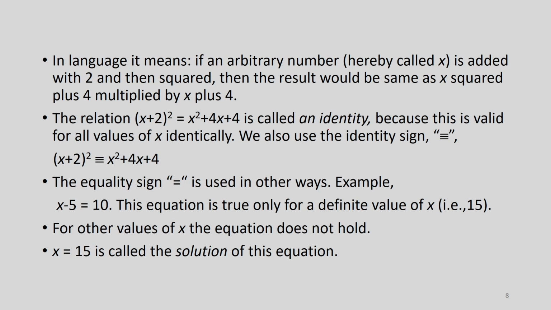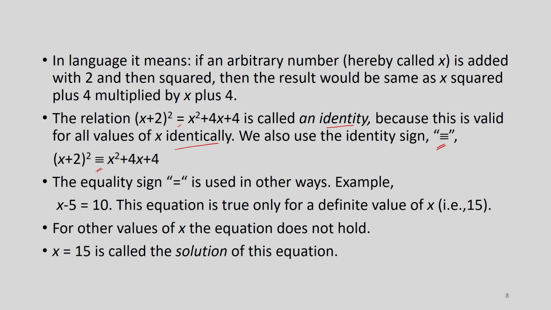I have marked this in italics because it is called an identity. We use this sign, three parallel lines, which is the identity sign. So, instead of the equality sign I could also write (x+2)^2 is identically equal to x^2 + 4x + 4.